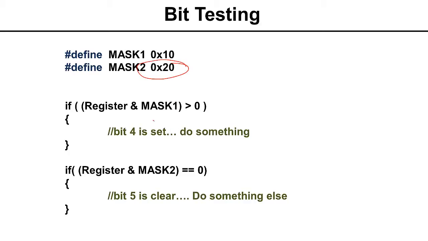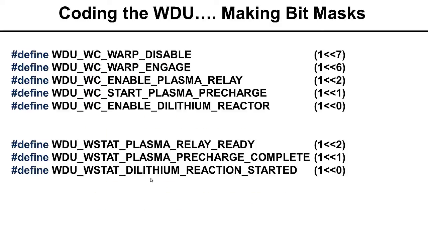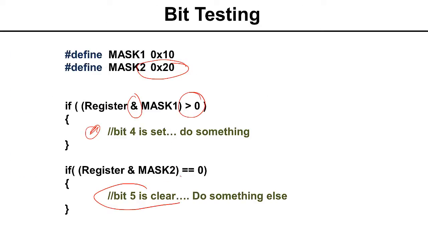If we want to see if bit 4 is set, we simply AND register and mask 1 and say, is it greater than 0? If register ANDed with mask 1 is greater than 0, if bit 4 is set, we can do something in here. If we want to test, maybe we want to do something if a bit is clear. So in this case, we're going to AND mask 2 with a register and see if bit 5 is clear. And this will result in a value of 0 if it's clear.